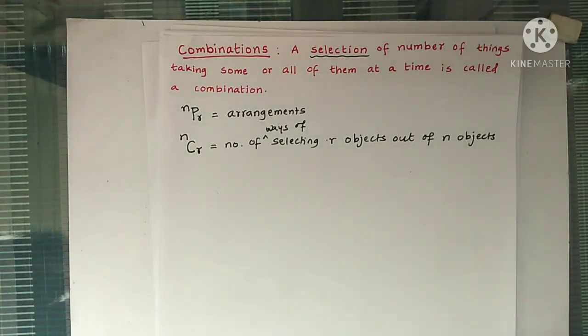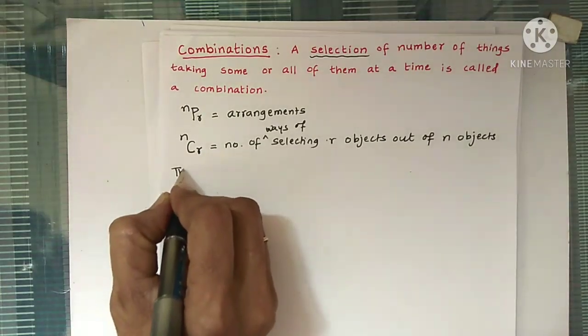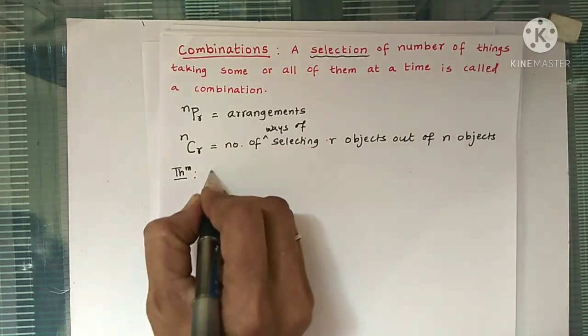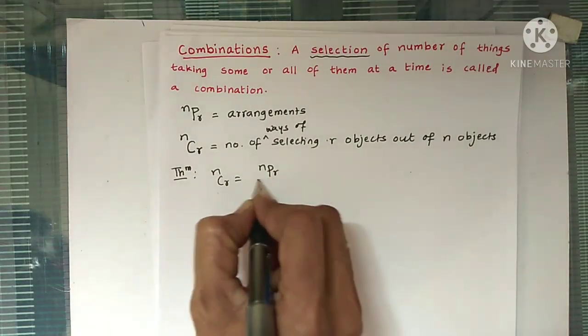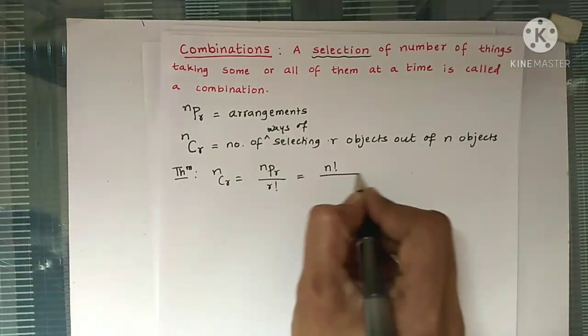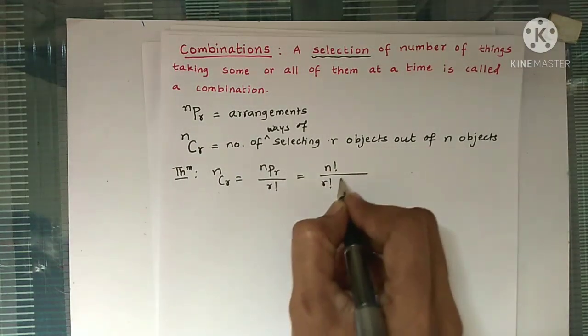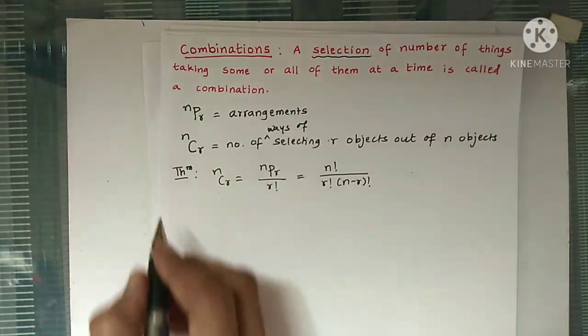Now let's find the formula for nCr. Let's write the theorem first and let's prove it. Theorem: nCr is nPr upon r factorial, and it is n factorial upon r factorial into n minus r factorial. So let's prove this.